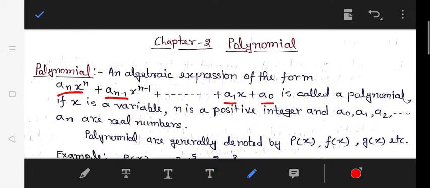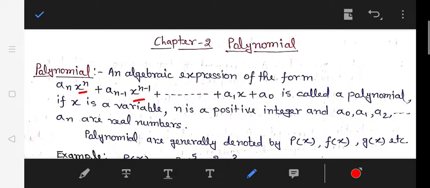These are the coefficients of the variable. These will be real numbers, that may be any real numbers. And after that you are going to get x power n, x power n minus 1, x. So these are the variable terms.